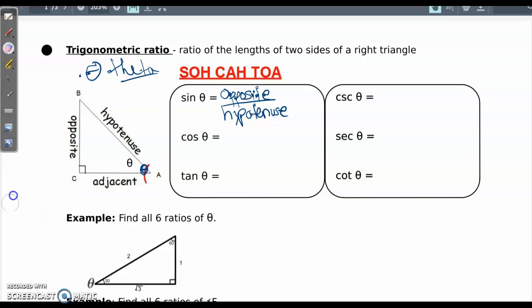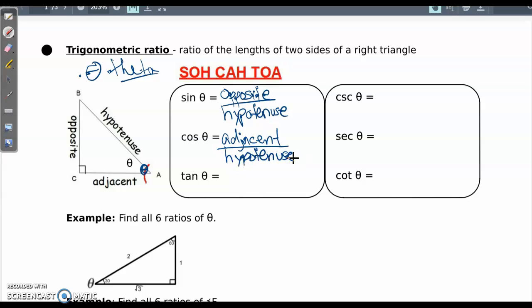That's how they got the name cosine, the complement of the sine. And you can define that as cosine of theta is the adjacent, A over H. Adjacent divided by the hypotenuse side.